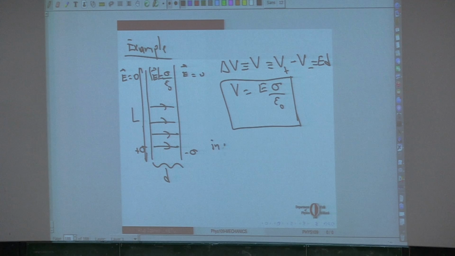Infinite plate is mainly an approximation when d over L is much less than 1, and we are close to the center of the plate. We are far away from the edges, so we cannot see the edges. Under these circumstances, we have this infinite plate approximation, which is valid.